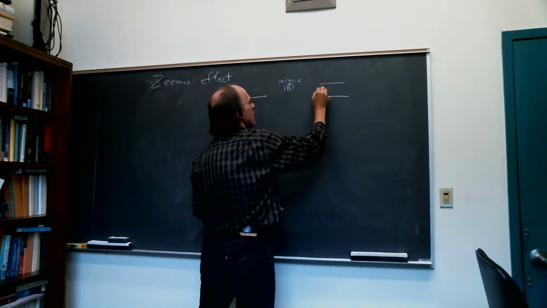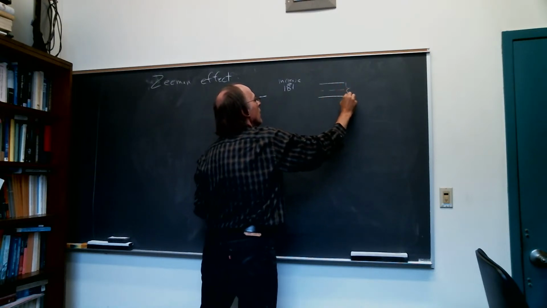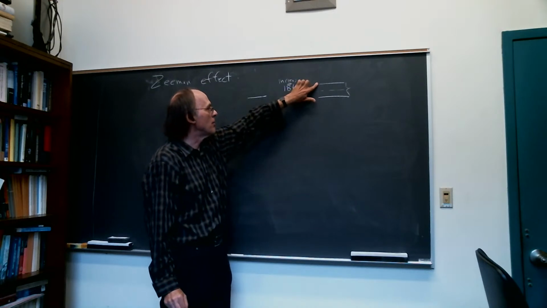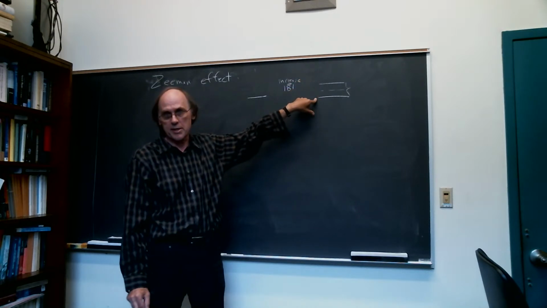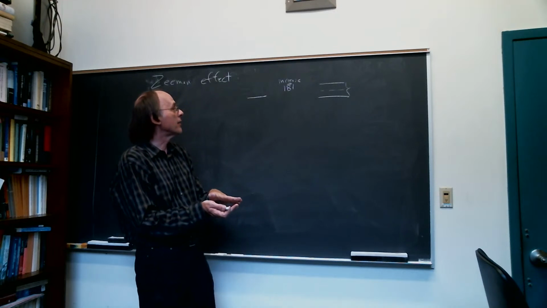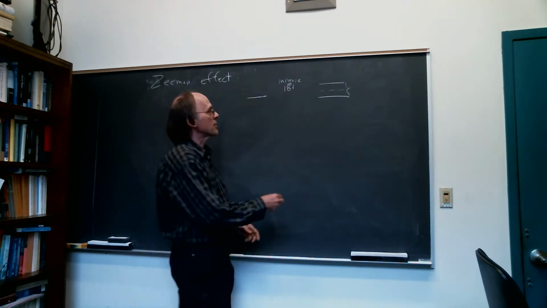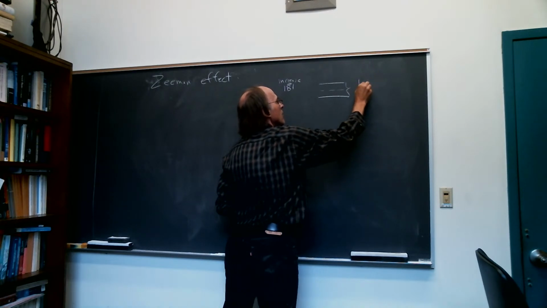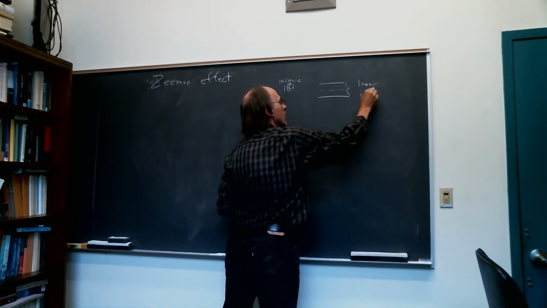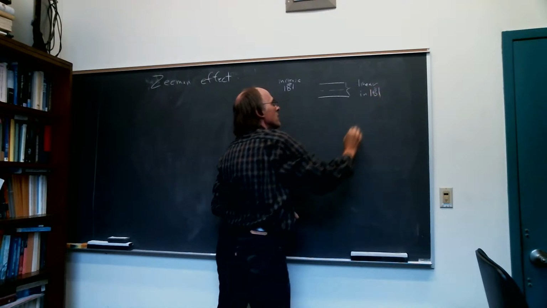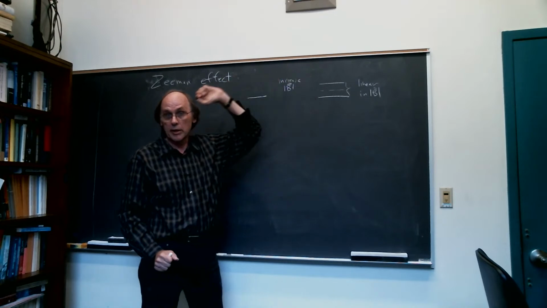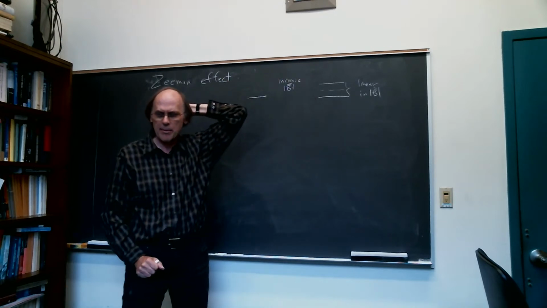You would see two states, a state with a bit more energy and a state with a bit less energy, and the spacing is linear in B vector. As you increase the strength of the magnetic field, the spacing would get bigger linearly. And so this was called the Zeeman effect.